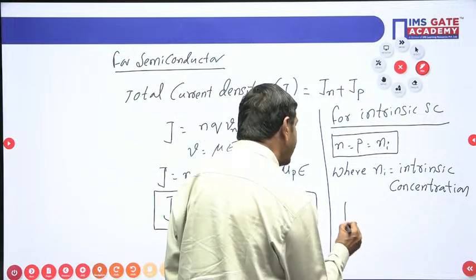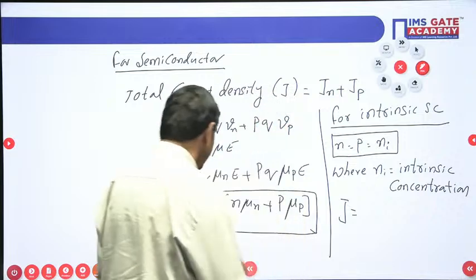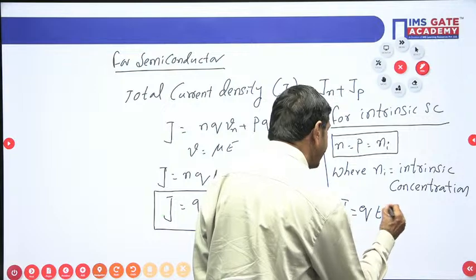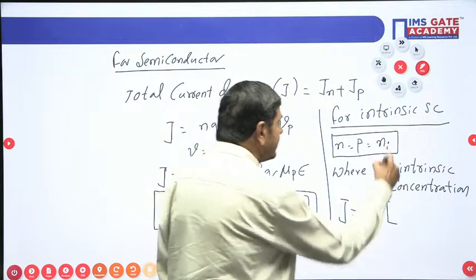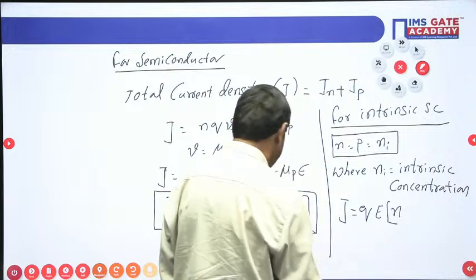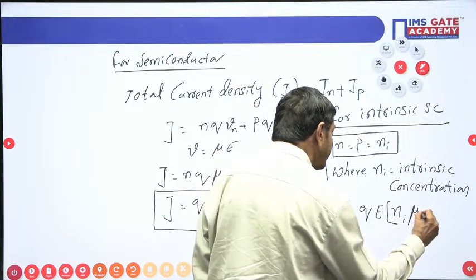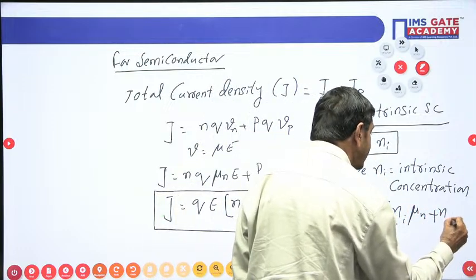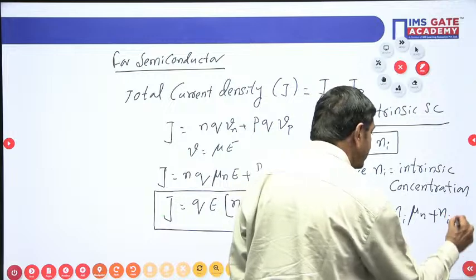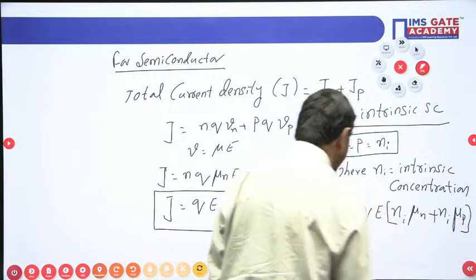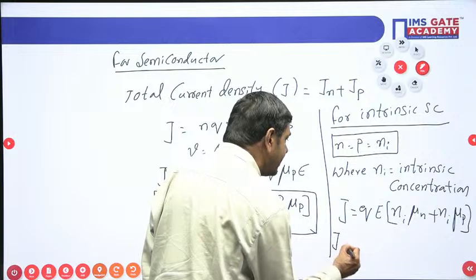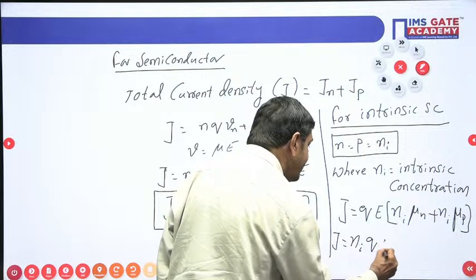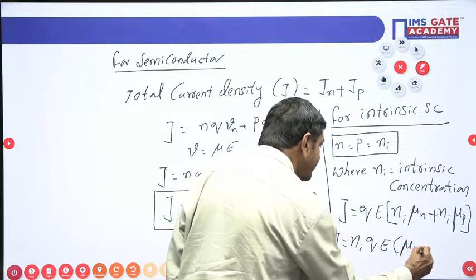Current density I can write like this also. J equals Q into E, I can put here directly. N is nothing but Ni, into mu N, plus P is nothing but Ni, the intrinsic concentration, into mu P. Now finally, the total current density is nothing but Ni taken common: Ni into Q into E into (mu N plus mu P).